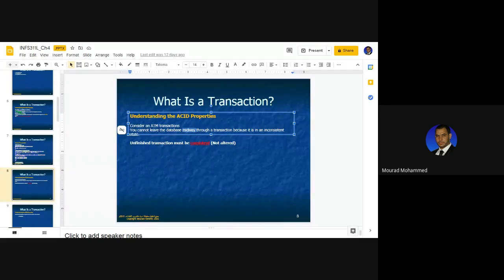No, because if it does, this is not consistent. A full transaction, not procedure, has to be terminated, then the system passes later on to the next transactions. So the second property, consistency, means that a transaction has to be fully executed, or from the beginning fully cancelled.